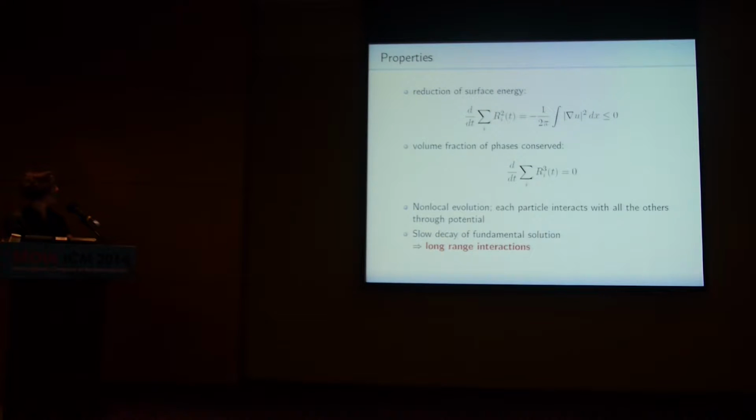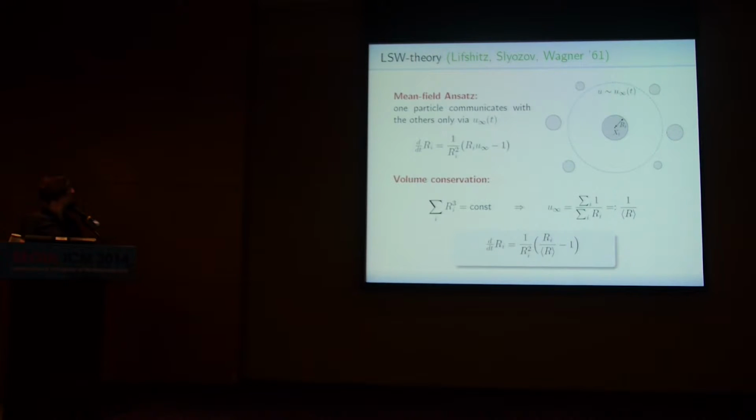And okay, so I said there is a classical theory, and the theory has 2 parts. First, there's a derivation of a model, a derivation of an evolution for the number density, and predictions on the long-time behavior. So let's start with the derivation. The formal idea is quite simple.